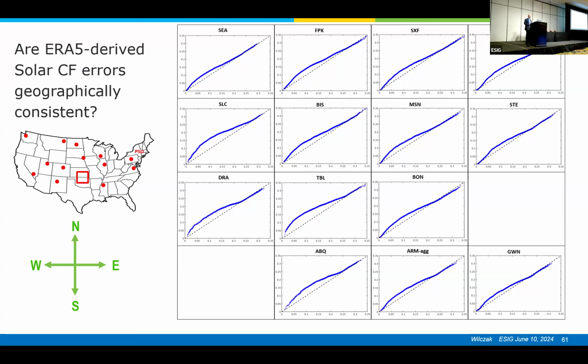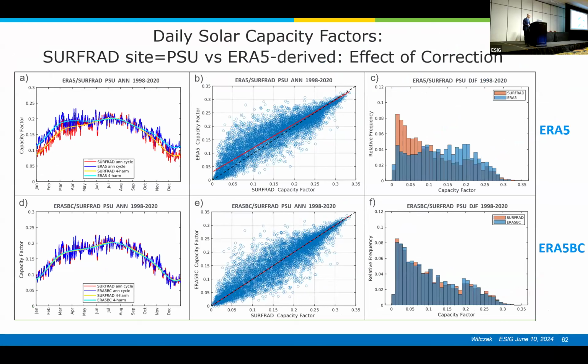And you can see how consistent the ERA 5 errors are at all of these sites, including for the ARM aggregate, which is down in the middle panel of the bottom row. So these errors really are very consistent, making them potentially much easier to correct.